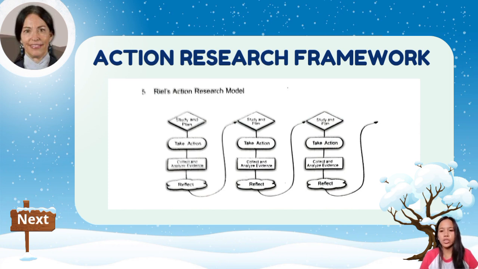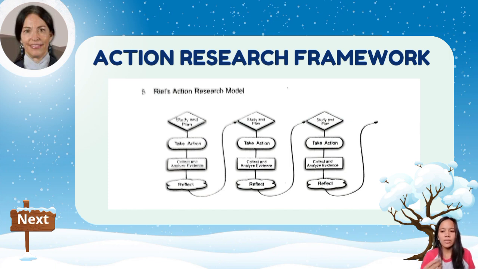This shows that research is a continuous cycle of improvement. So the researcher starts by studying a problem and planning a solution. After planning, they will implement the action to address the problem. While the action is happening, the researcher will collect the evidence and analyze the results to see if the action works.